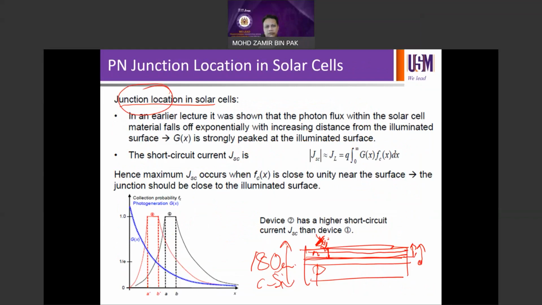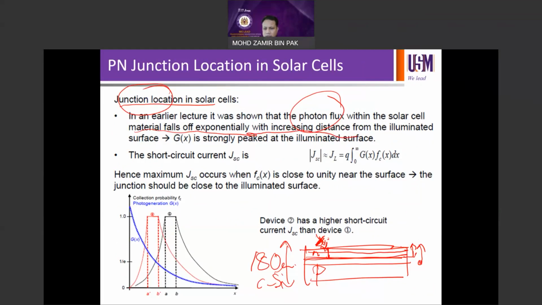We have seen in the generation topic that the photon flux within a solar cell, within semiconductor material, falls off exponentially. Remember last time we talked about 1 over e, where the intensity of the light drops to about 36%, and that is called the depth of absorption. So the photon flux falls off exponentially with increasing distance.